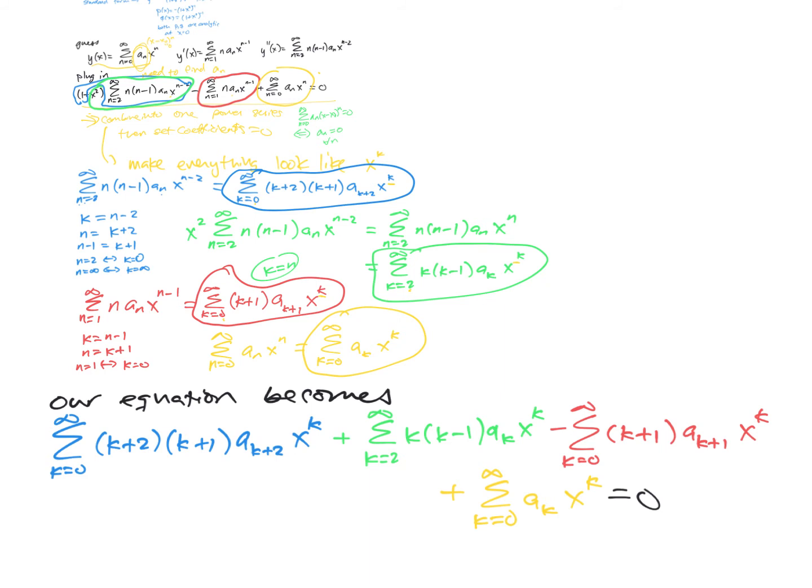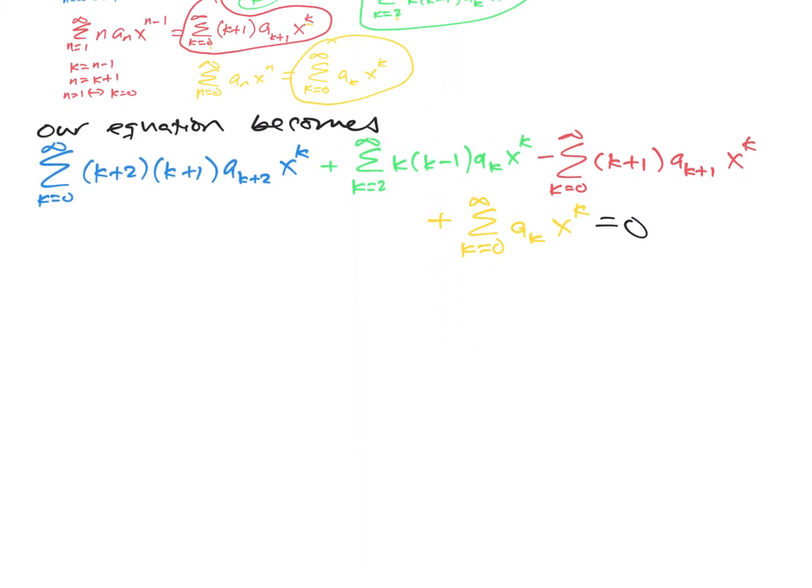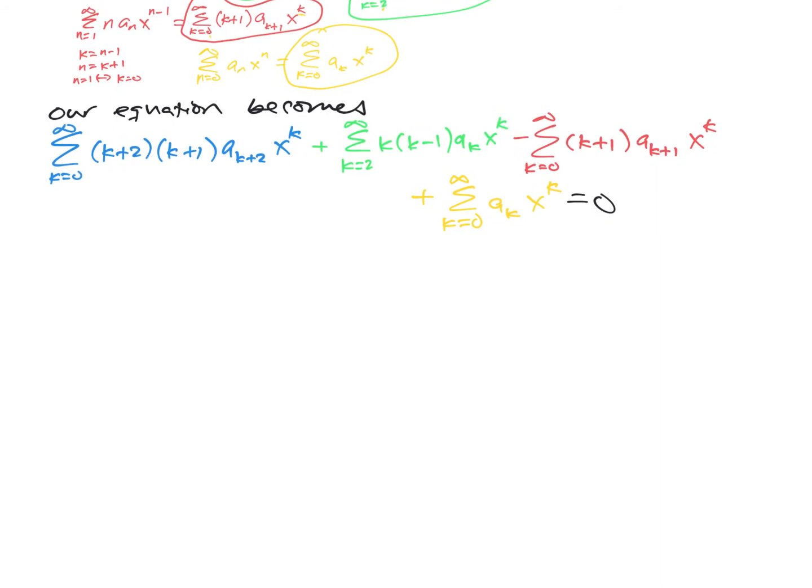And of course we can actually combine them, and that's exactly what we needed to do. So now the only issue is that some of our sums do look different, because some start at 0 and that one starts at 2. So we'll just start writing out the terms a little bit separately.